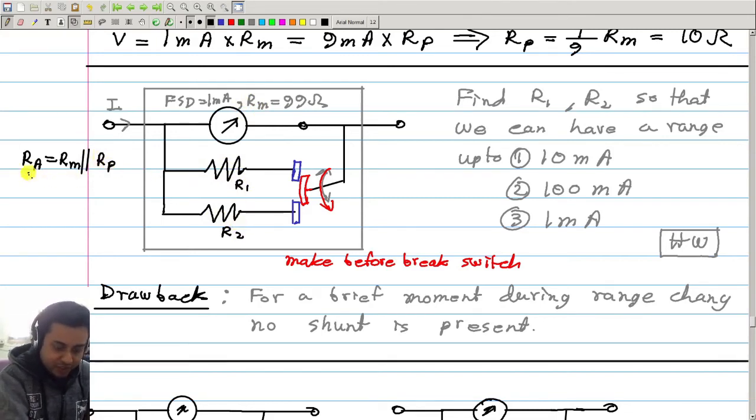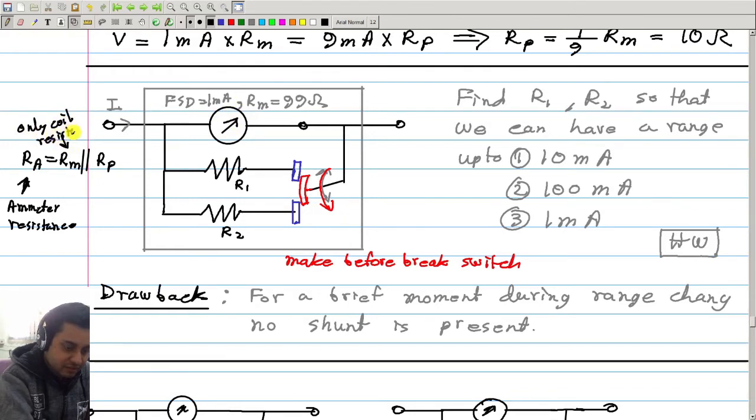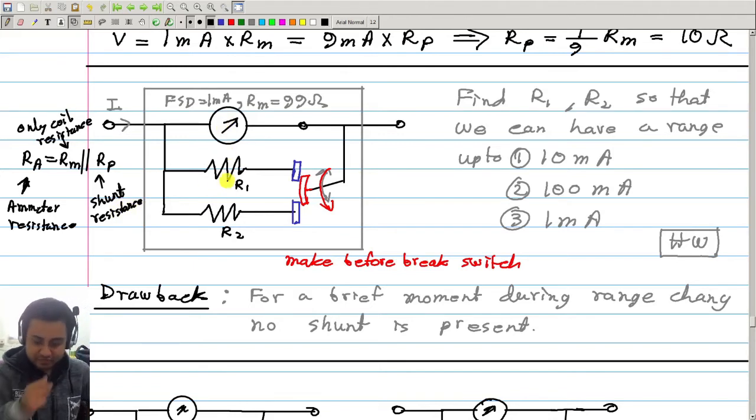So this is the ammeter resistance as a whole. This could be the coil resistance only, and this is the shunt resistance. So I was talking of both these in parallel together.